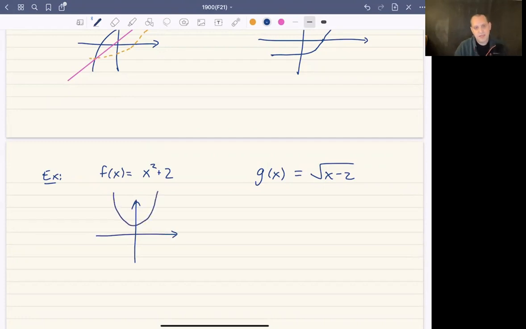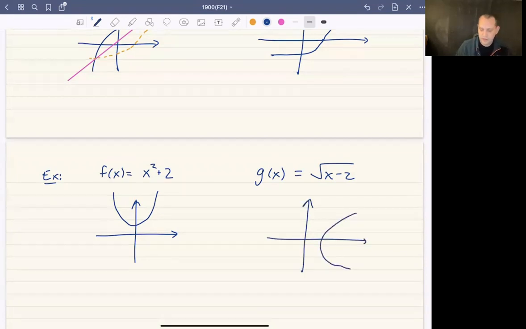And if you were to rotate that about the line y equals x, what you would get would be something like this parabola. Okay, but the problem is that this parabola on the right is not a function anymore. And in fact, when you talk about square roots, we're only talking about non-negative outputs. So you have to get rid of the bottom value here.